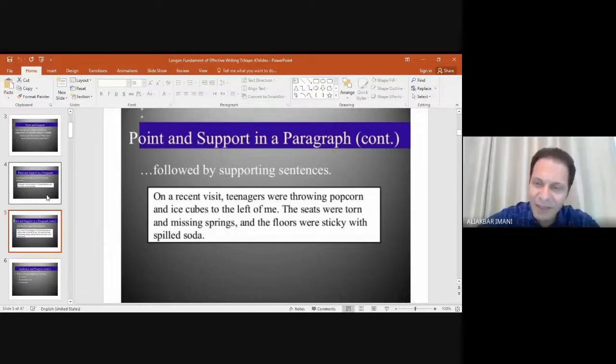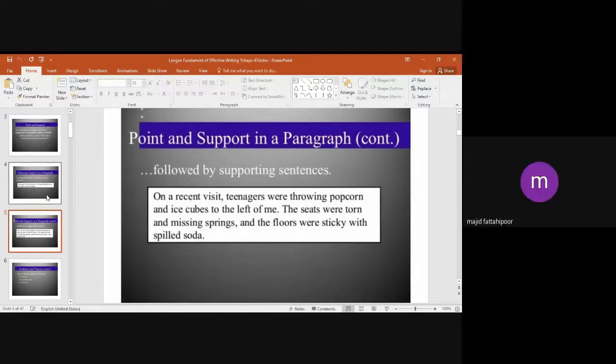Okay, Dr. Fatehpur, here we have an answer from Samin: it takes time to go to the cinema, and it makes traffic jams in some streets. Okay, that's right. Very good.